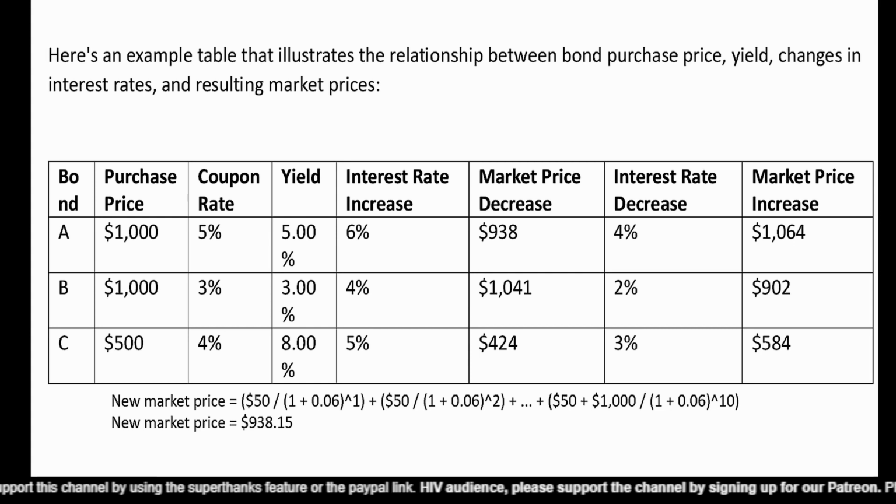So for this particular bond, assuming that it's going to be valid for around 10 years, we'll get a new market price of around 938.15 when we solve the equation. I wouldn't like to go into the equation, then it becomes a math class as such. But I would like to also explain this to you in simpler terms so that you can understand.